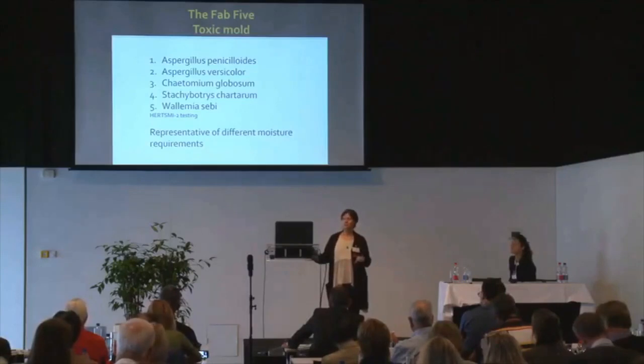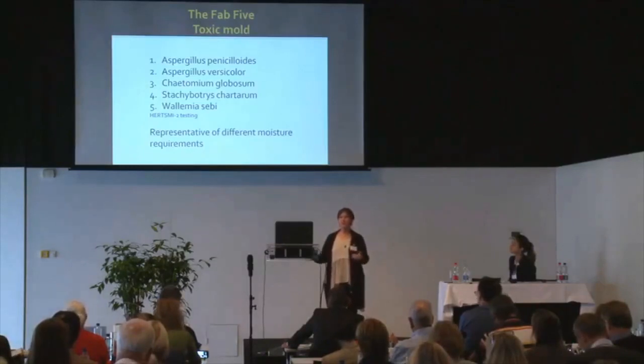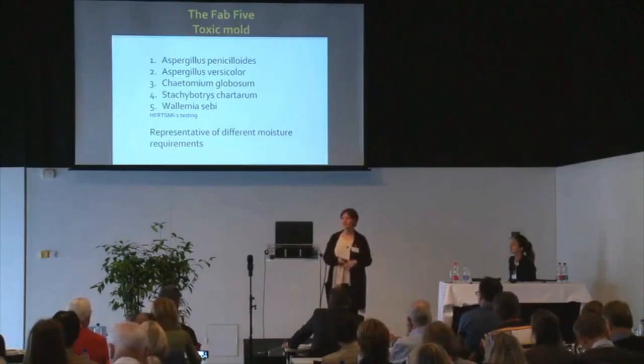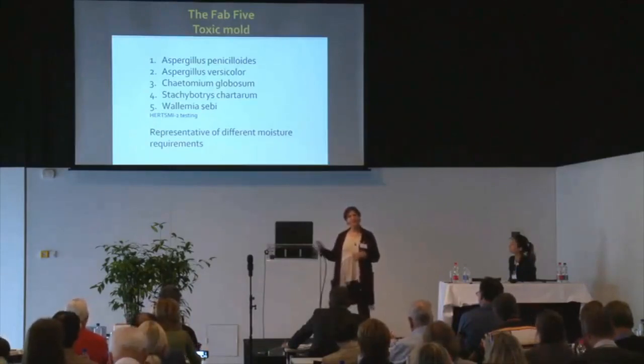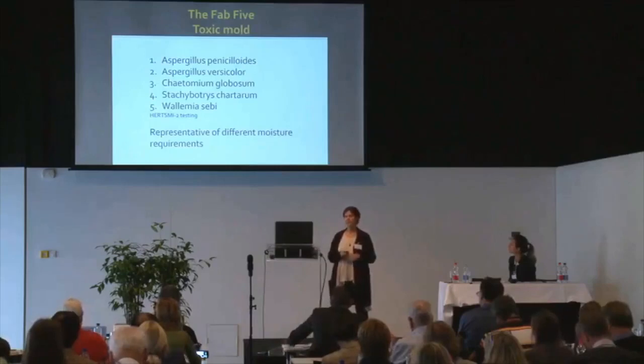Chaetomium and Stachybotrys, the 3rd and 4th, require a lot more moisture. So they're going to be growing if there's a plumbing leak, if there's a roof leak, if you have someone spill water every day, if the bathtub overflows and it's not dried up. Wallemia is typically found outdoors, and that also indicates that there's intrusion from the outside.